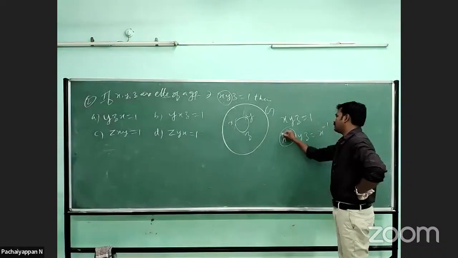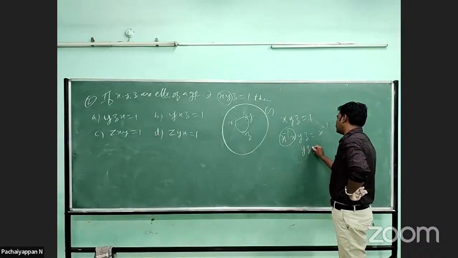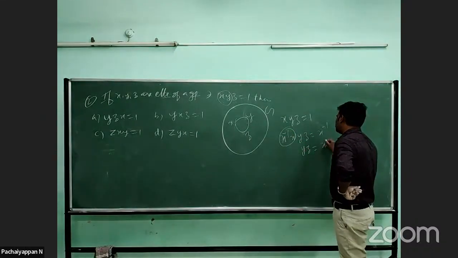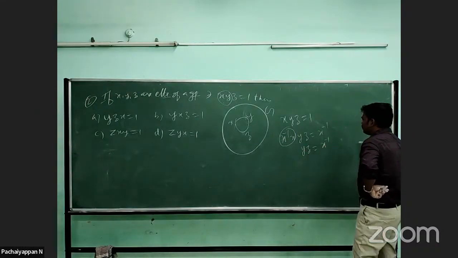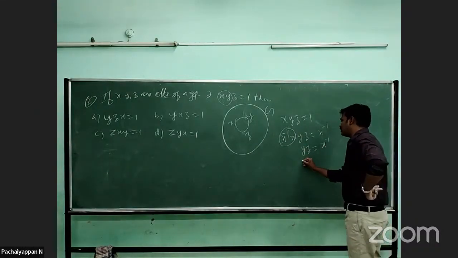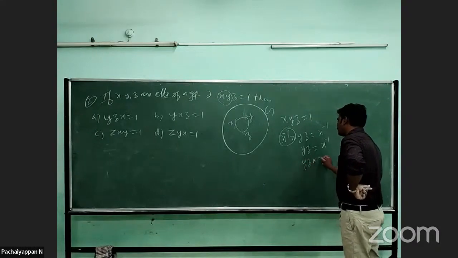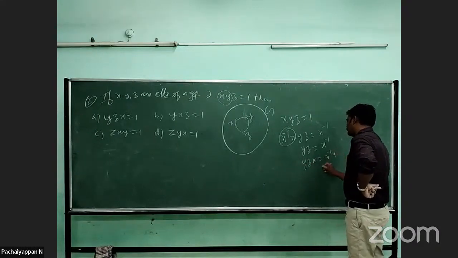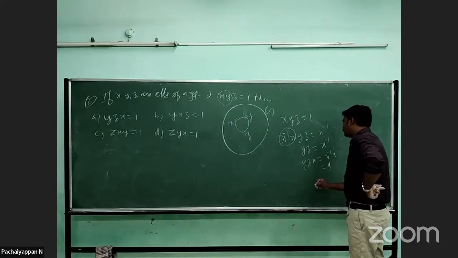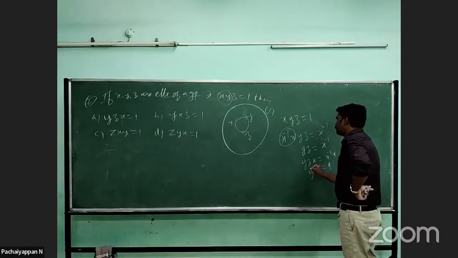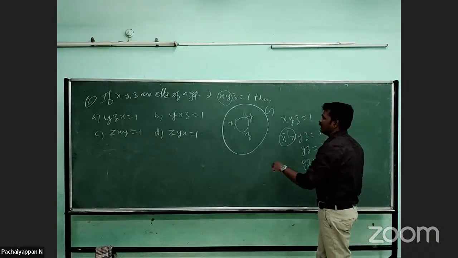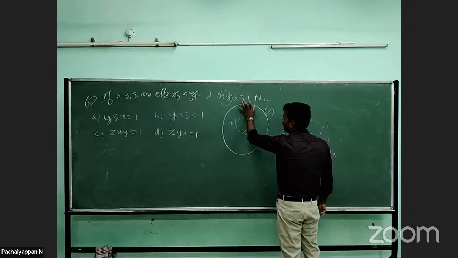So x inverse times x is identity, and yz equals x inverse. Now I multiply by x on this side: yzx equals x inverse x, which is equal to 1, the identity.